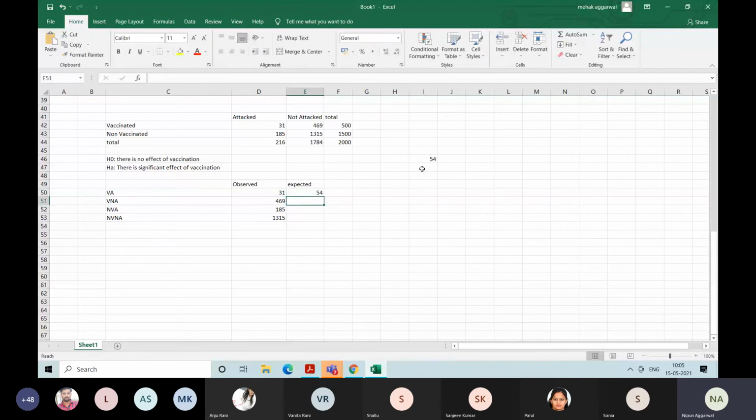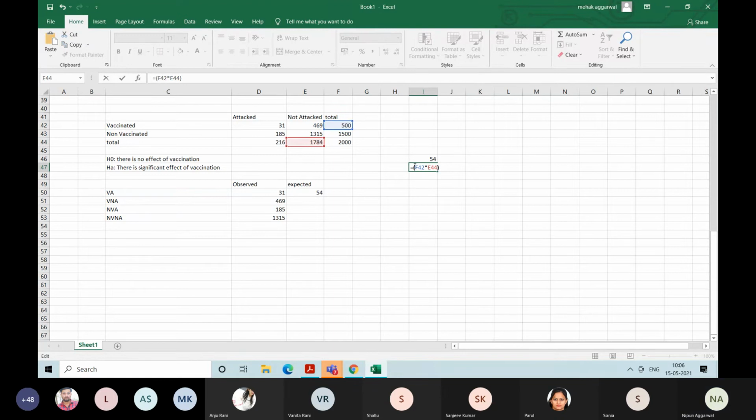Now apply the same way for the second case, 469. The expected frequency against 469 is the row total, 500, times 1784, divided by 2000, so 446.